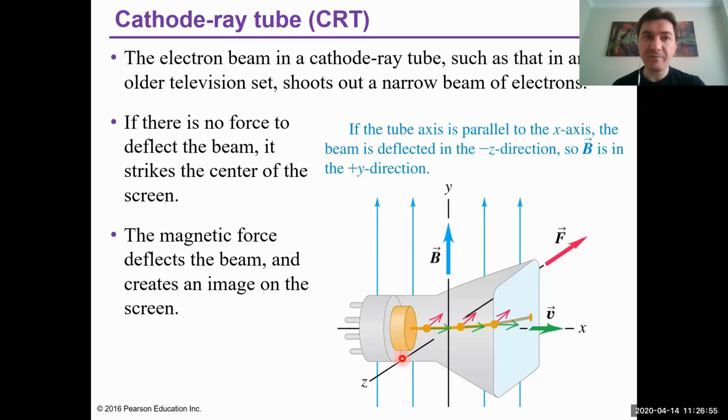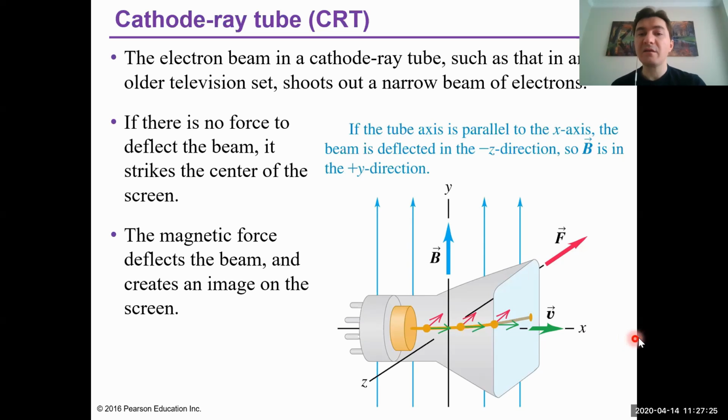Here we have an electron beam source or electron source. And if there is no magnetic field, let's consider that the magnetic field is 0. This electron beam goes along the green direction. This is the velocity of electrons, and let's consider that they are traveling along the x-axis without any deflection.